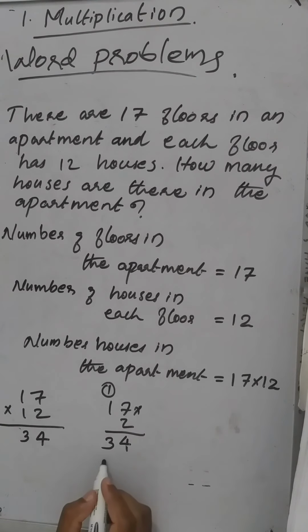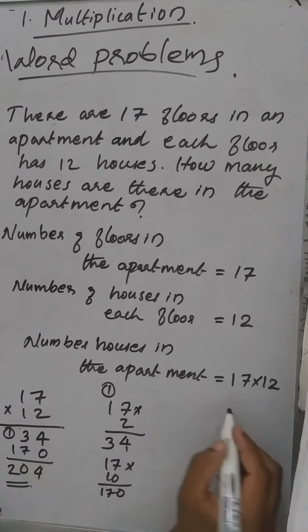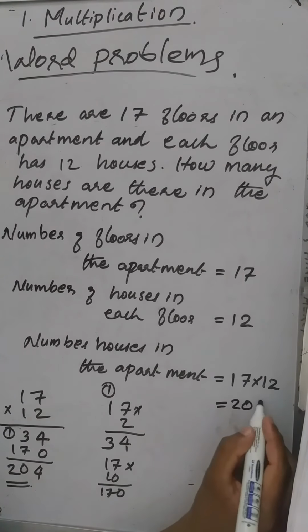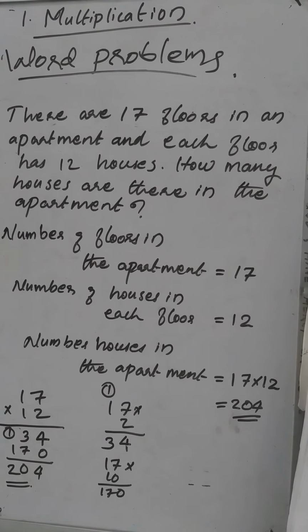Then 17 multiplied by 10. We know that 170. 4. 3 plus 7, 10. So 1 carry to this 1. 1 plus 1, 2. So we got our answer. There are 204 flats, or 204 houses in this apartment.